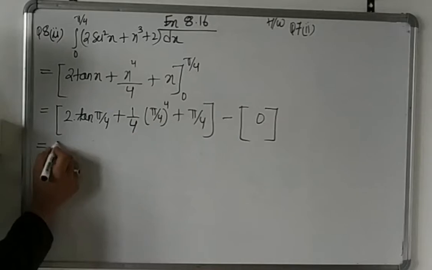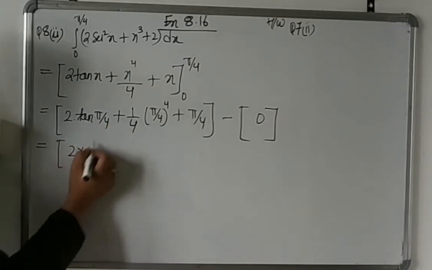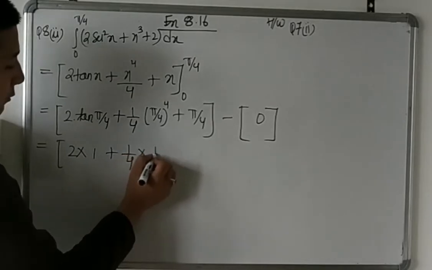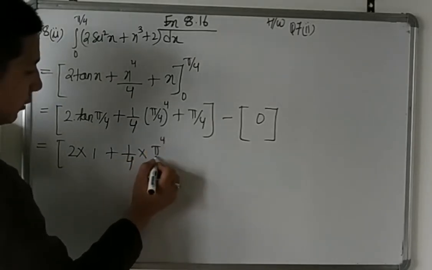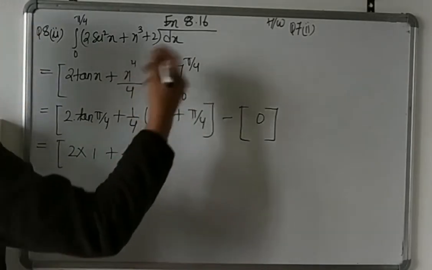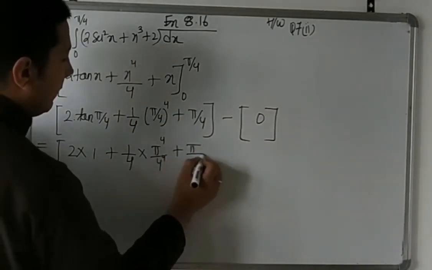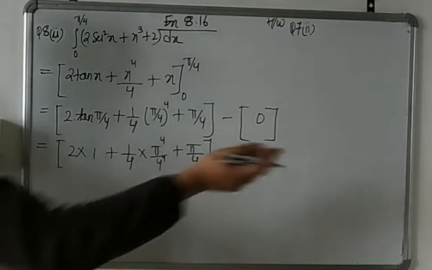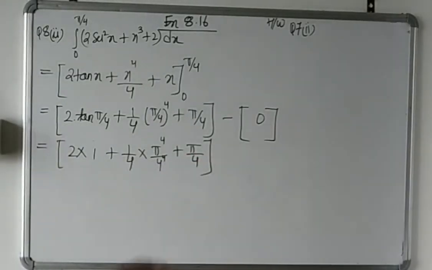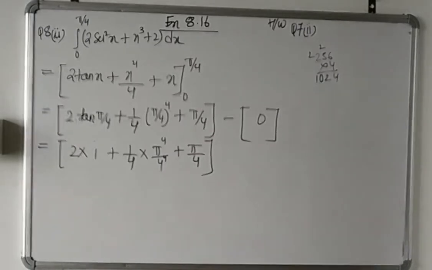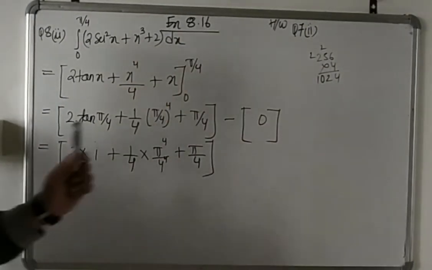Okay, so therefore this is twice into tan 45 is 1 plus 1 by 4 into pi to the power 4 by 4 to the power 4. Keep it as it is, plus pi by 4 minus 0. Okay, so I'm pausing the video so that we can make a quick calculation out here.